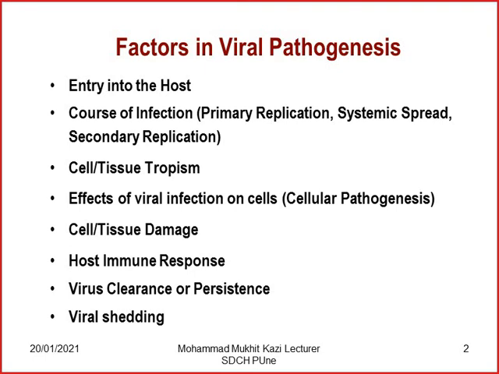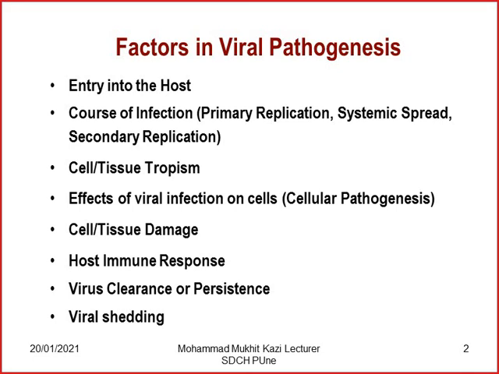That is very important. After entry into the host, there are 3 courses of infection. What happens actually when a virus enters into the host? Immediately when it enters, it tries to enter into the specific cell which has receptors similar to the receptors of the virus. Then they enter into the host cell and start replicating. This is primary replication.